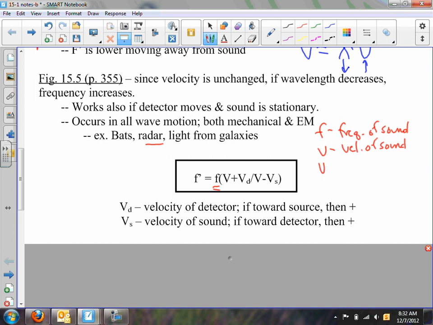v sub D is the velocity of the detector we have written right here. And v sub S is the velocity of the sound source.